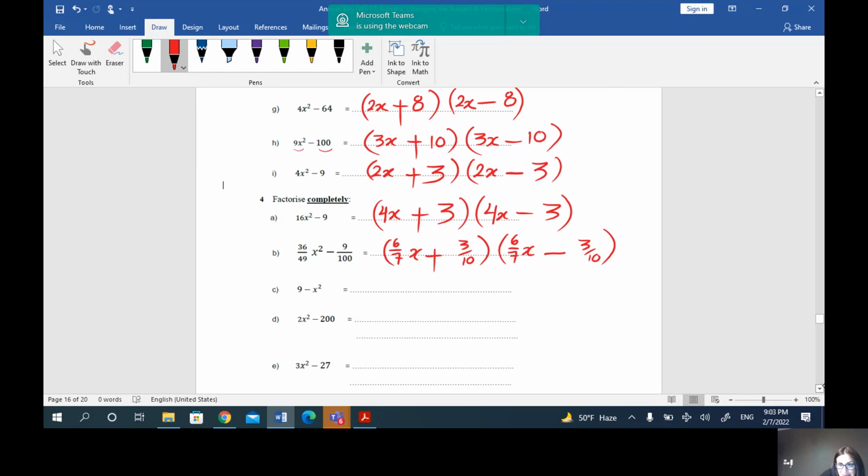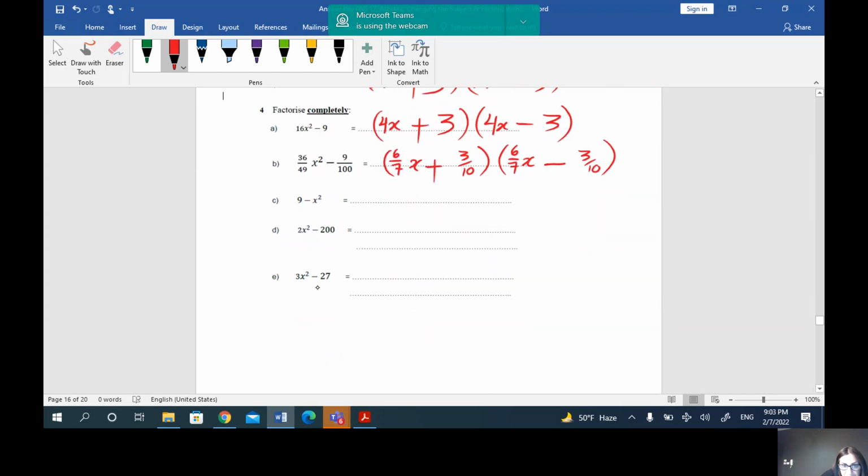Same applies here. 9 is 3 times 3, x squared is x times x, and there is a subtraction in the middle. Open two brackets. One will take the addition, another will take the subtraction. 9 is 3 times 3, and x squared is x times x.